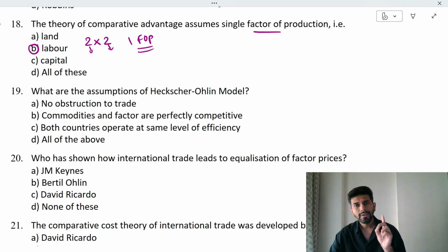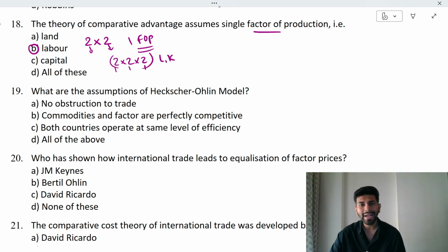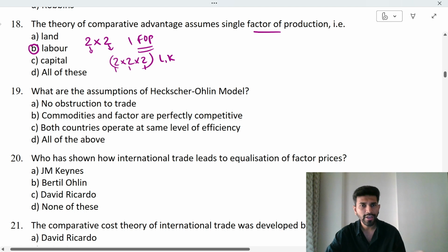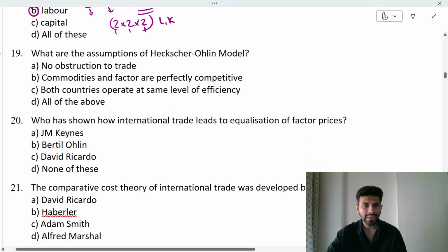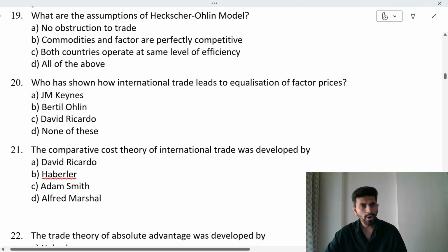Remember, only factor endowment theory is a 2 by 2 by 2 model, which assumes there are two countries, two commodities, and two factors of production, such as labor and capital. So the theory of comparative advantage assumes a single factor of production, that is labor. Correct answer is B.